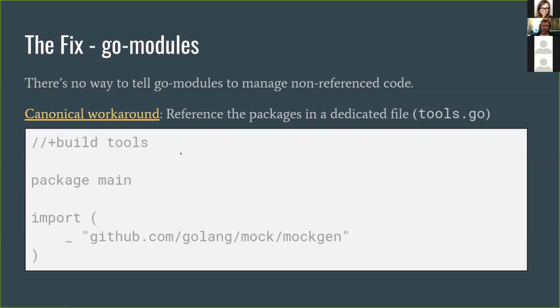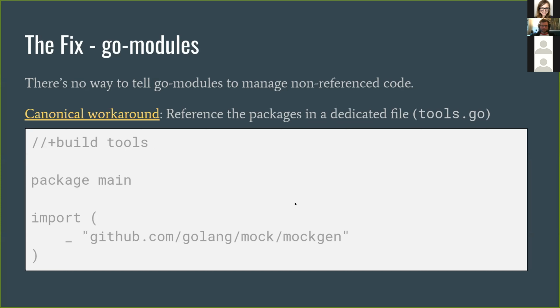You can use Go build tags to make Go ignore certain files in certain situations. And we are using the build tag here. I just use the tag tools. You can name it however you like. So that when we compile our own project, the mockgen package will not be part of our binary.